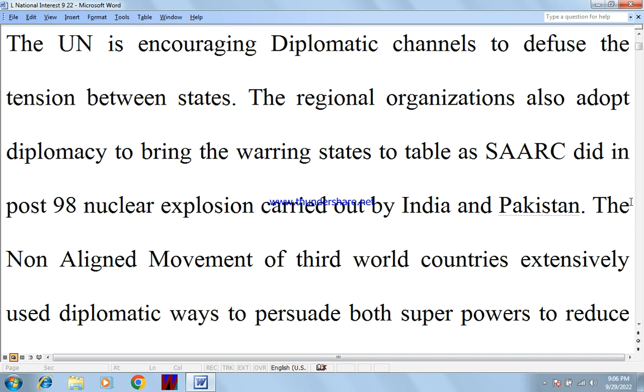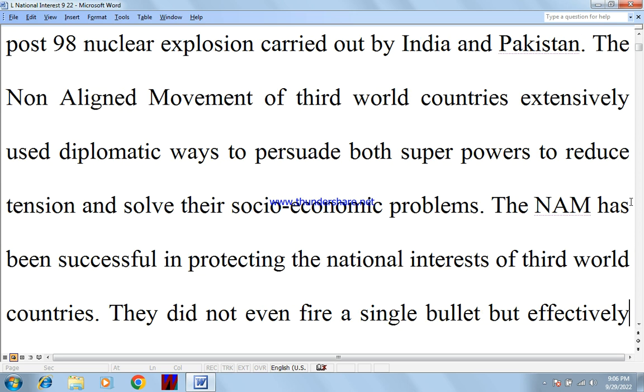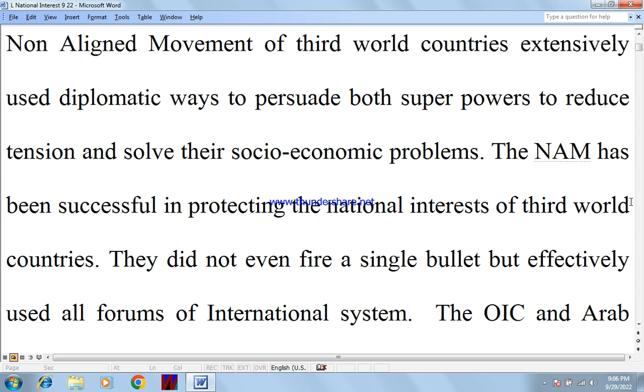The non-aligned movement of third world countries extensively used diplomatic ways to persuade both superpowers to reduce tension and solve their socio-economic problems. The NAM has been successful in protecting the national interest of third world countries.